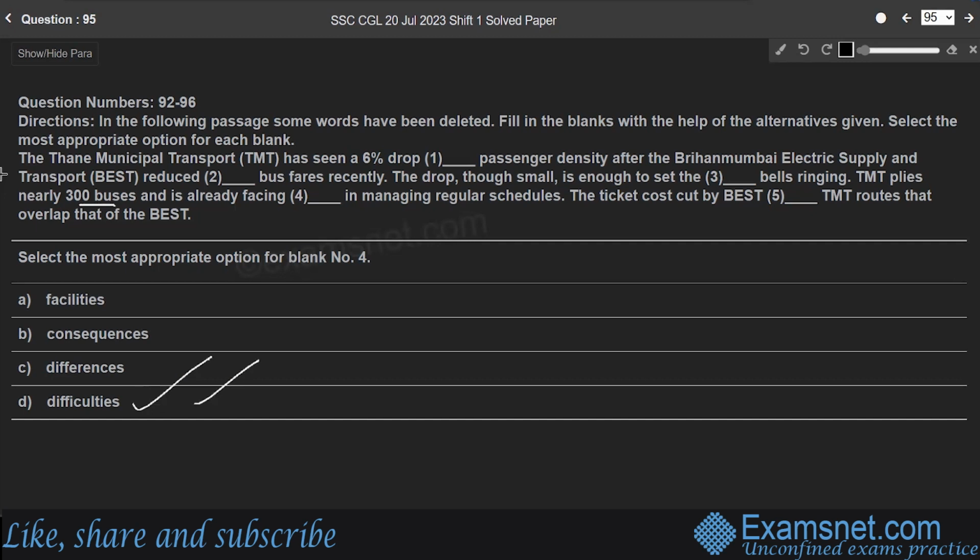That means the sentence is talking about plying a huge number of buses on their regular schedules. Therefore, difficulties in managing regular schedules. So option D is the right answer.